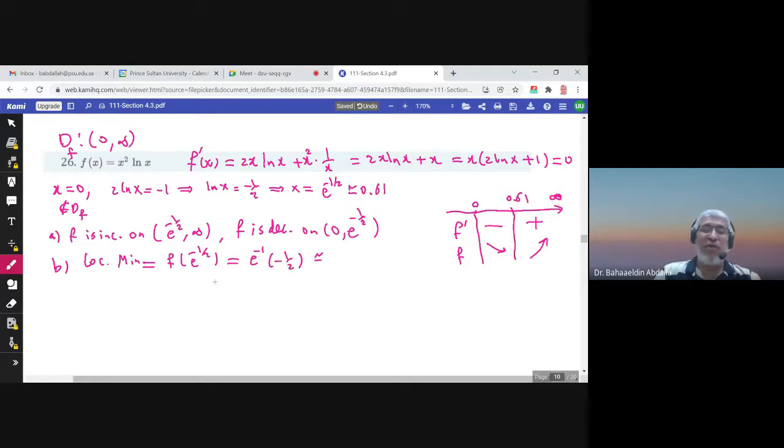So it's negative 1 over 2e, and I can approximate this number. It is approximately negative 0.18.